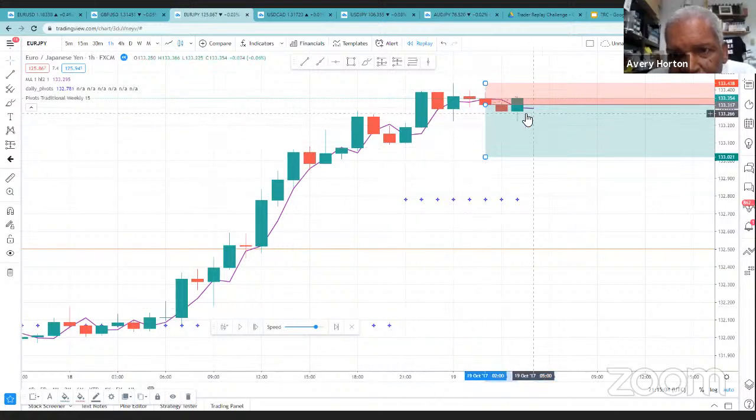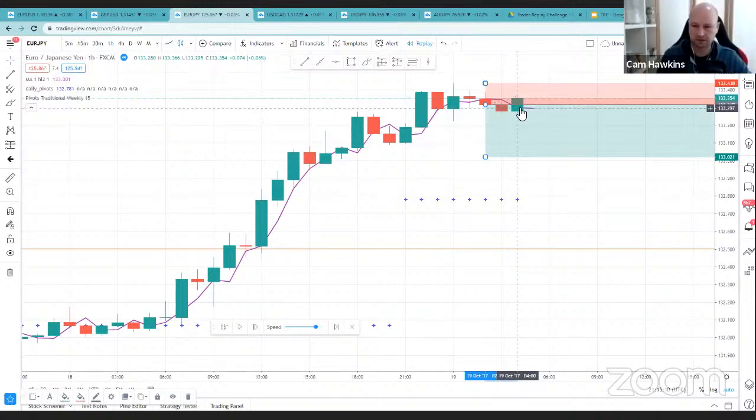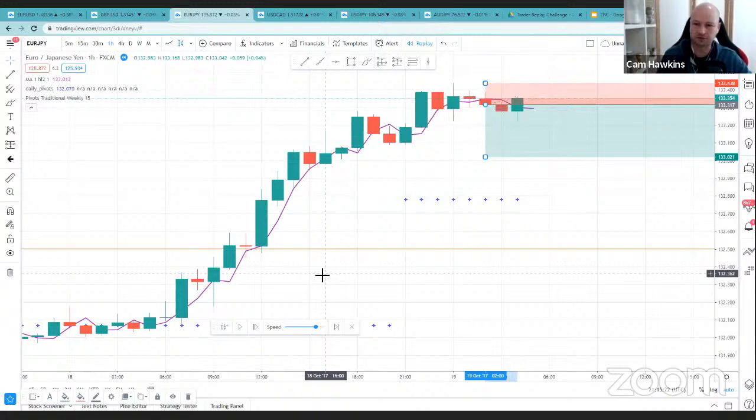So, really, right here, when it crosses that line, that's where we want to get out. Yeah, well, you need to say, look, as soon as it crosses that line. It should be pretty easy. The line is essentially the midpoint of the previous candle, right? So as soon as it crosses that, you should be out.